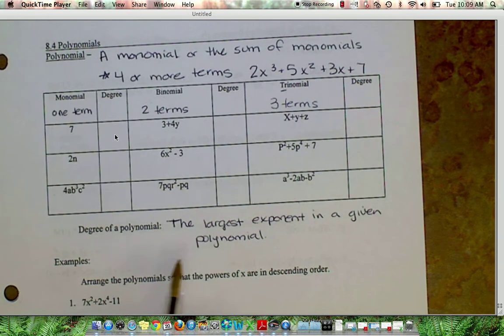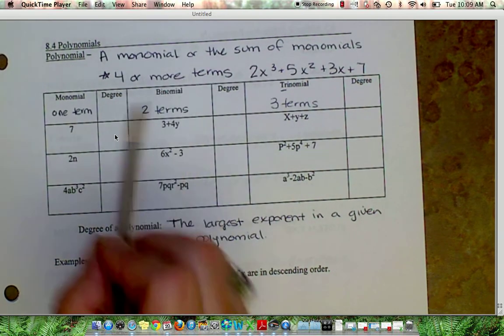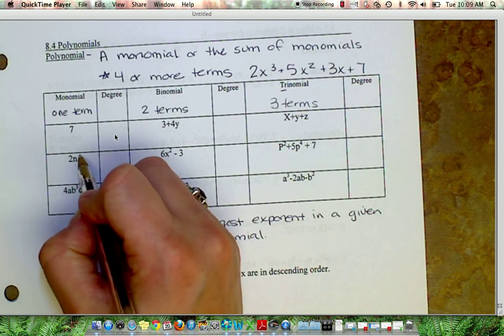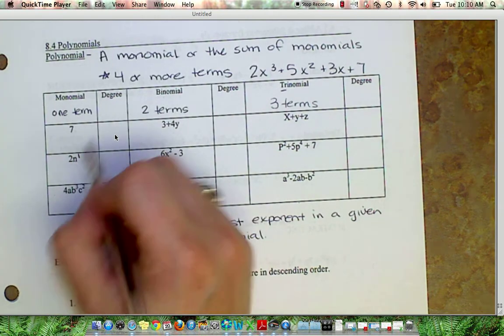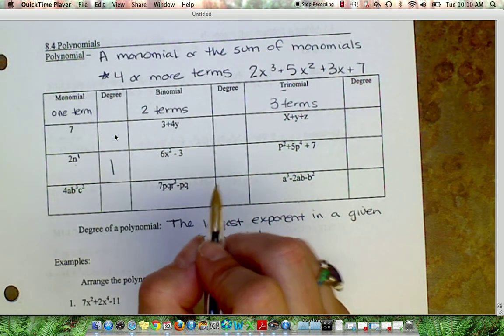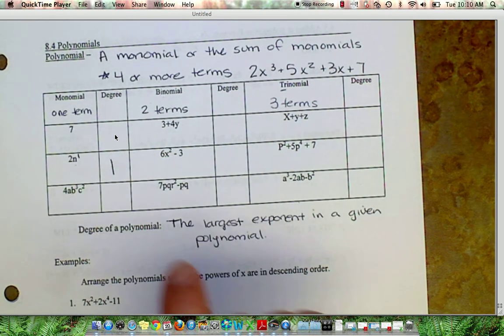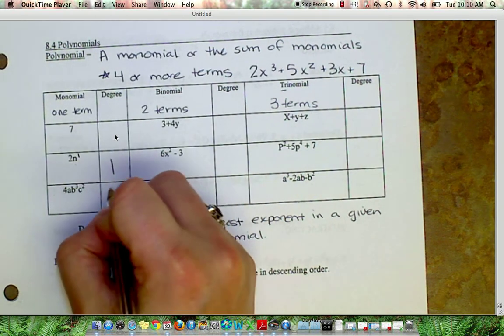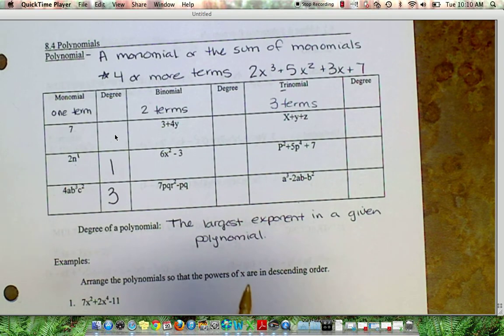So let's talk about the degrees here. Let's skip this guy for a second. The exponent on that n, if there were an exponent, would be 1. So the degree of this monomial is 1. The degree of this monomial would be 3 because it's the highest exponent.